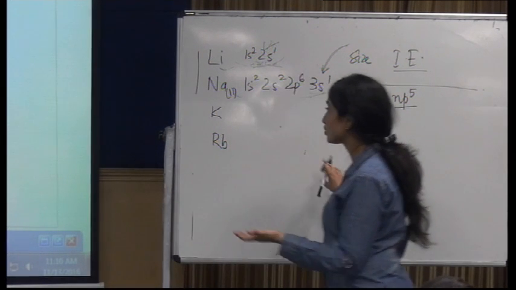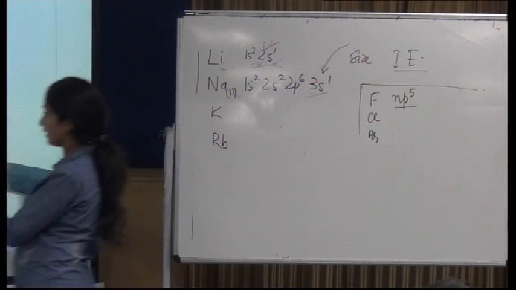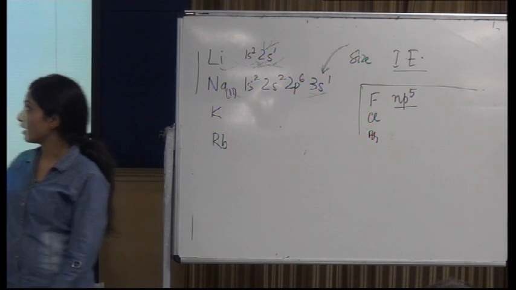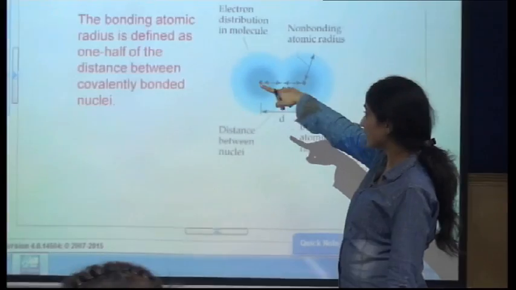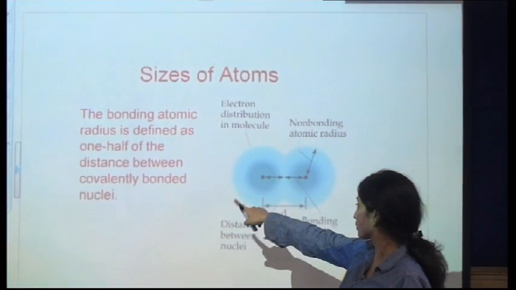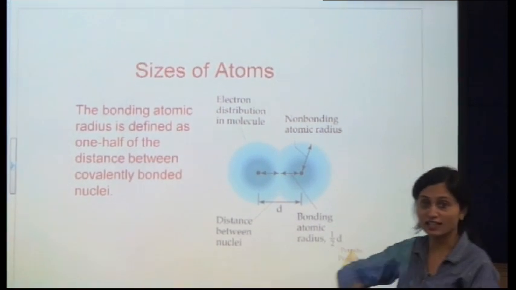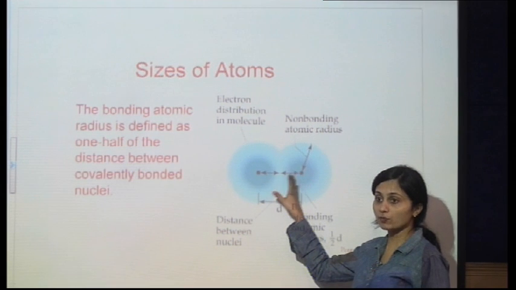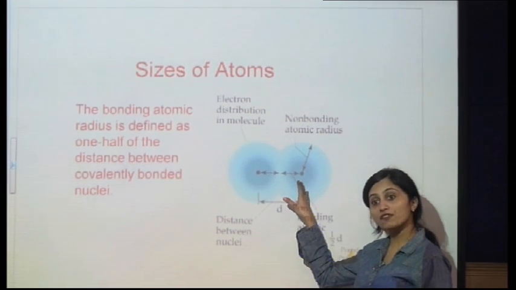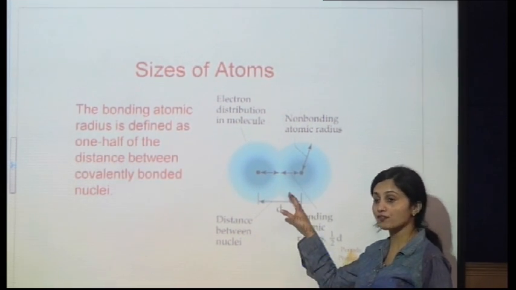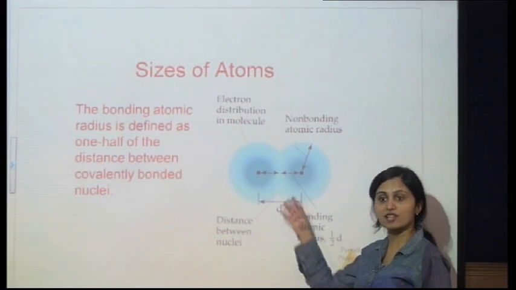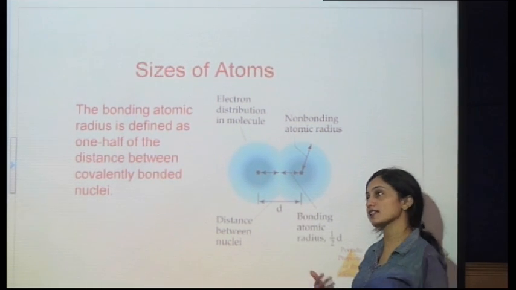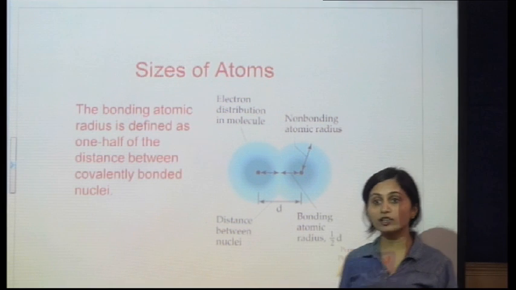Okay, now coming to the size again. Now look at the screen because the presentation is there. What you have is bonding radius, remember, is 1/2 of the distance between the two covalent radii. ये याद रखना कि अगर आपके पास H2 molecule है तो what will be the length of H2 molecule? It will be half of the length of H plus H. This is like more useful for heteroatomic molecules.